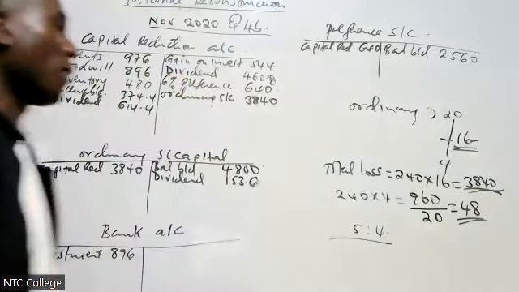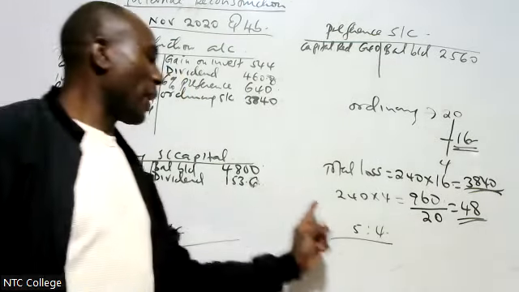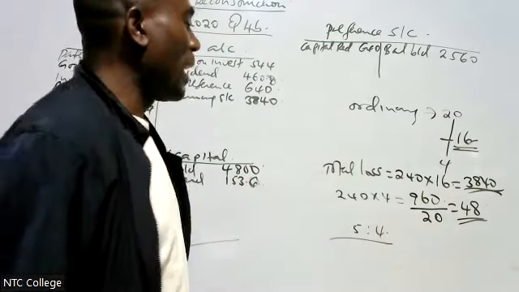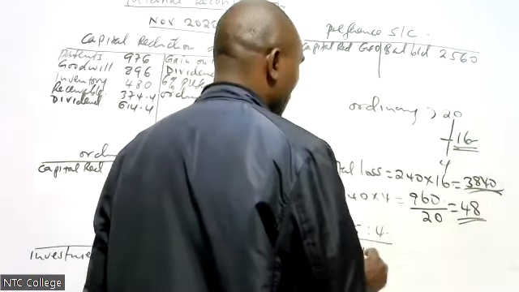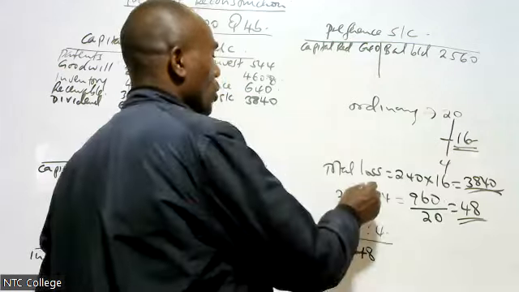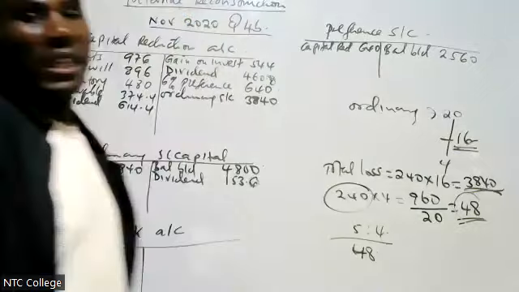Then I will not base on 240, I will base on the new shares, which is 48.